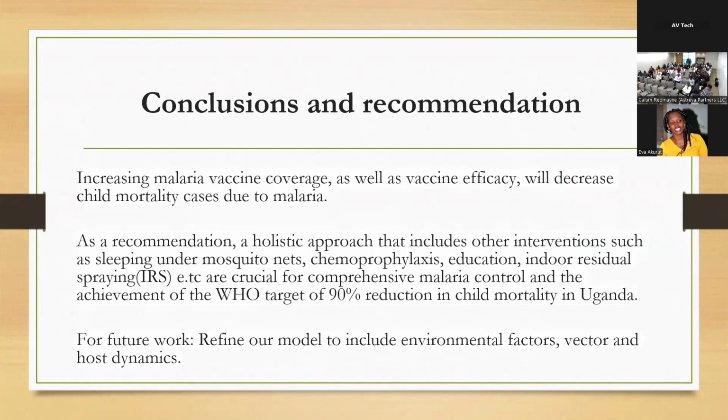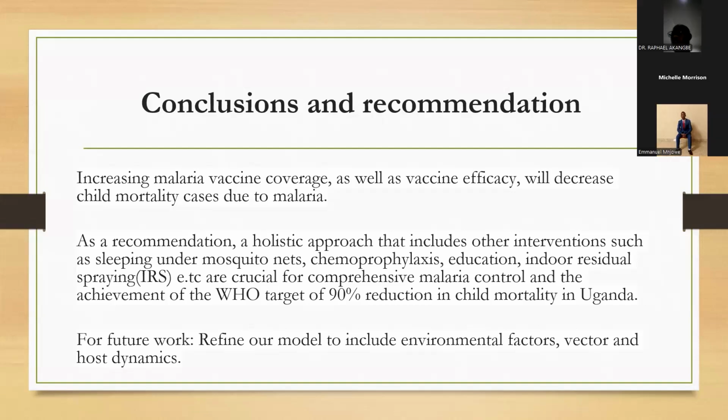And for future work, we intend to refine the model, including environmental factors, since seasonality affects malaria transmission. That would be incorporated into the model, but of course this makes it a bit more complex. But we'll see how to go about that.